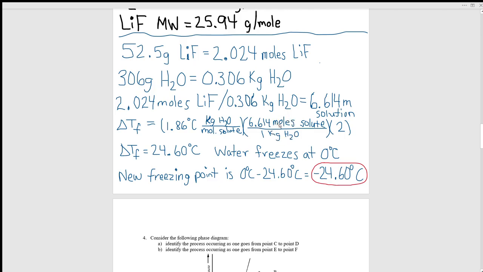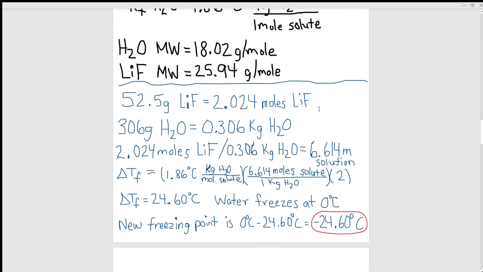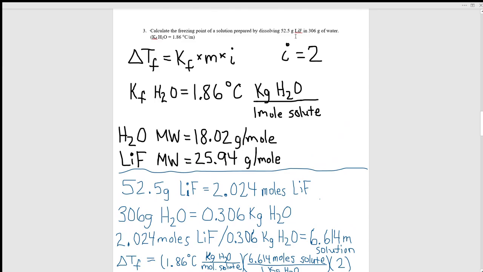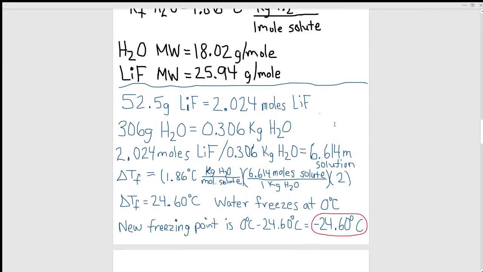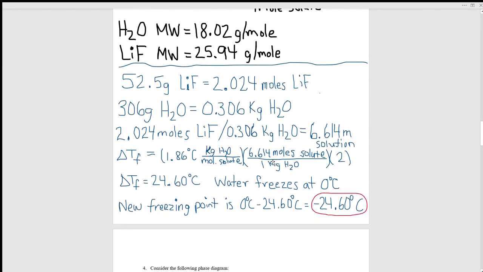So now that we've calculated the molality of the solution, we can go ahead and plug that in to our delta T sub F equation. So for delta T sub F, we already have the K sub F value for water as 1.86. Here is the molality of the solution that we calculated from before.